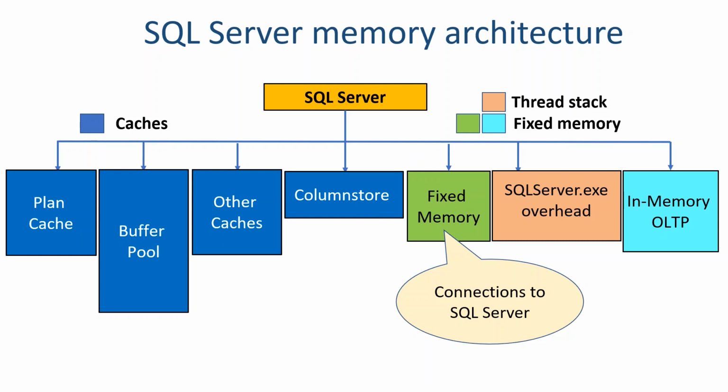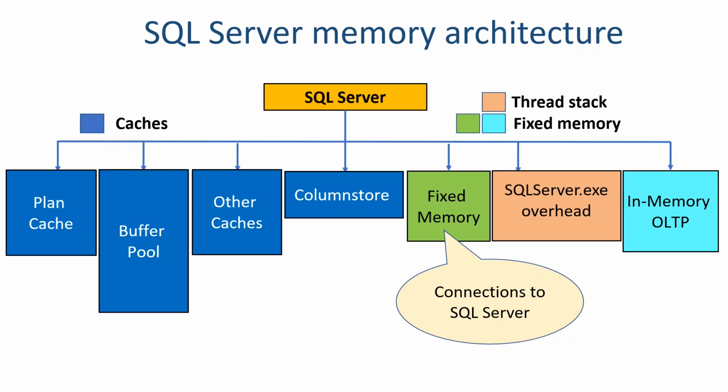Now, what happens when this fixed memory is full? There is a mechanism in SQL Server which will be triggered whenever this fixed memory is full, and it requests the caches which you are seeing in the blue color, which are the major components. SQL Server will request these major components of the memory architecture, like the plan cache and the buffer pool, to release the objects and push them back to their storage systems, such that it will free up some memory, and that freed up memory will be used for the fixed memory for more connections.